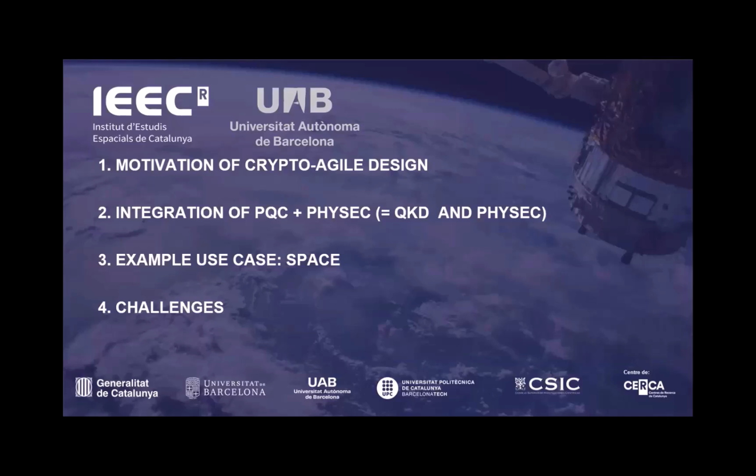What I mean with physical layer security is that QKD is also physical layer security, and QKD works at the physical layer, with the quantum protocol. Then just an example of use case, space, because it's my field, space communications, and then basically all this is to highlight what the challenges ahead are.